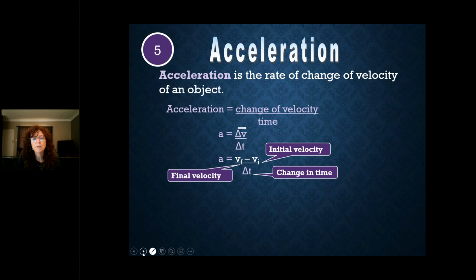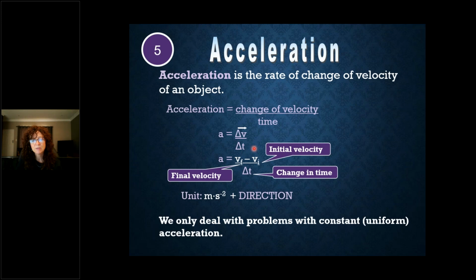All right, so now your unit for acceleration is meters per second squared plus the direction. Why is it meters per second squared? Because it's meters per second divided by per second. So that's why it will be meters per second squared.